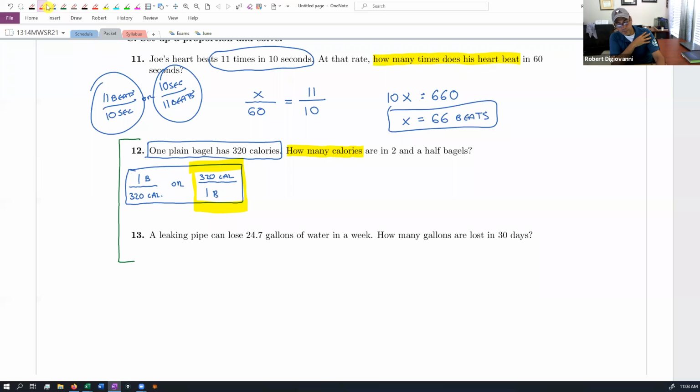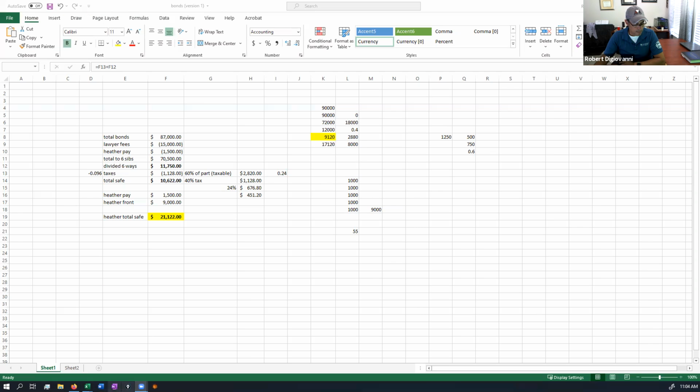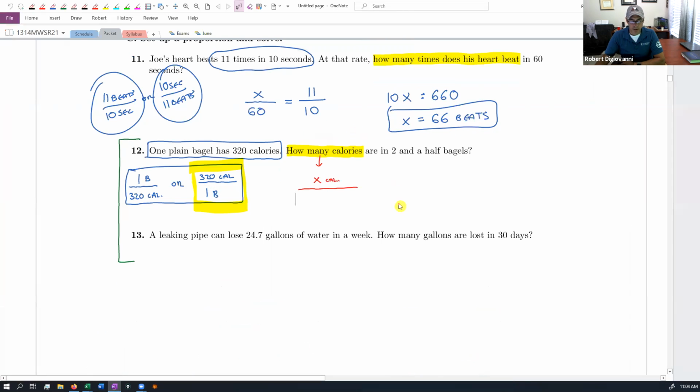So now what we do is we write down how many calories, which I'll call X calories, over 2.5 bagels. So I'm going to put 2.5, okay? And then I'm going to say that must equal this ratio here, 320 calories to one bagel.